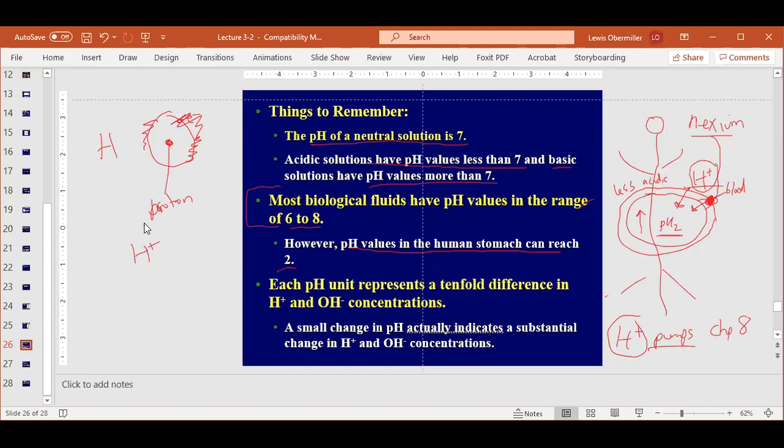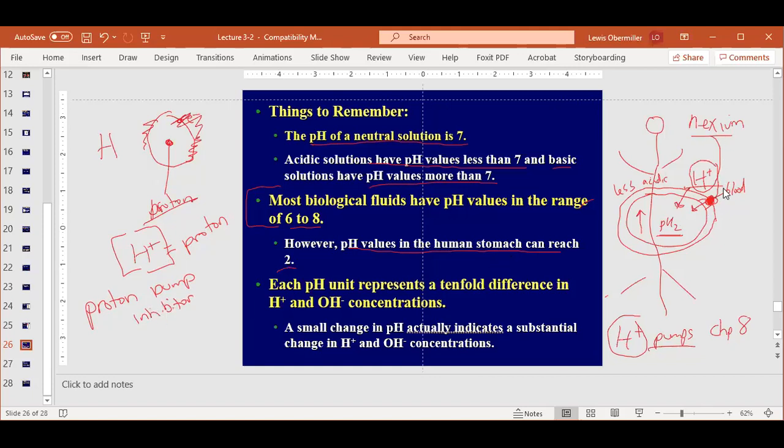Just a proton. So we call this a proton. Hydrogen ion and proton mean the exact same thing. So if you look up Nexium, and you guys can do that if you want, it's a proton pump inhibitor. And that's how it works.